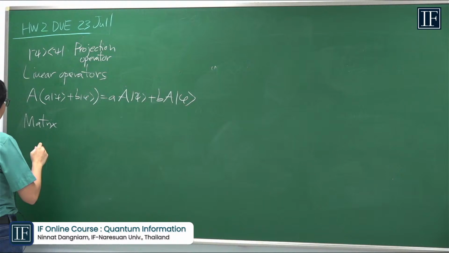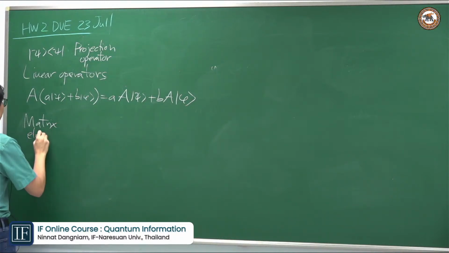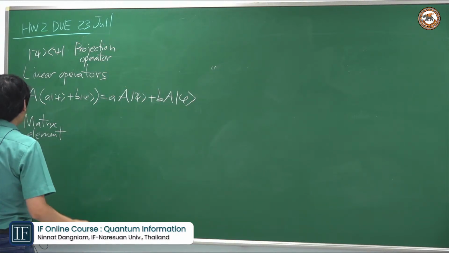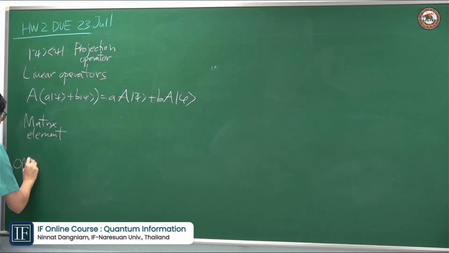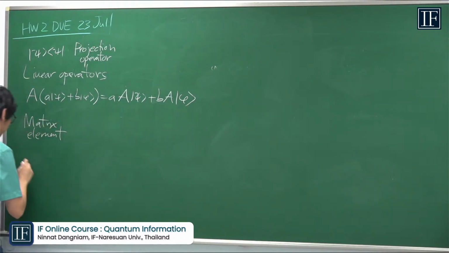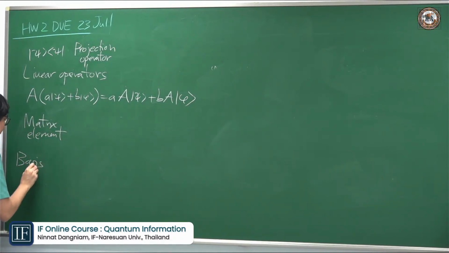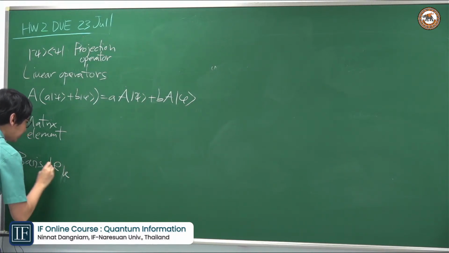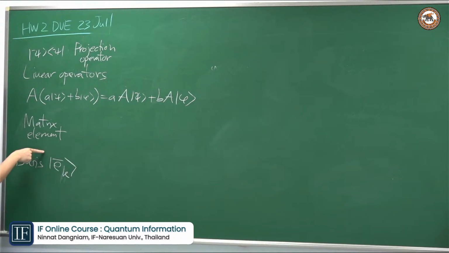Let's see. Maybe I want to be a bit more general. So if I have a basis, and I will put an overlay, a bar here, just to remind ourselves that it doesn't have to be orthogonal or normalized.